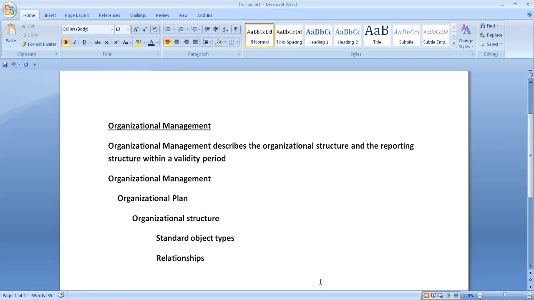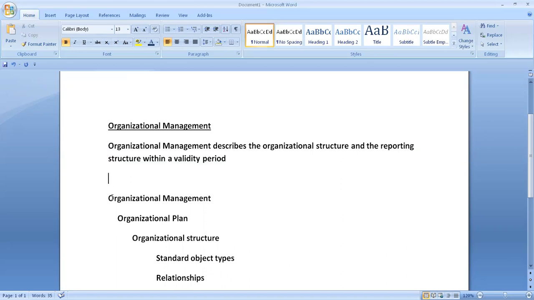What I'm trying to communicate is that we can define organizational management as something which describes the organizational structure and reporting structure within a validity period.